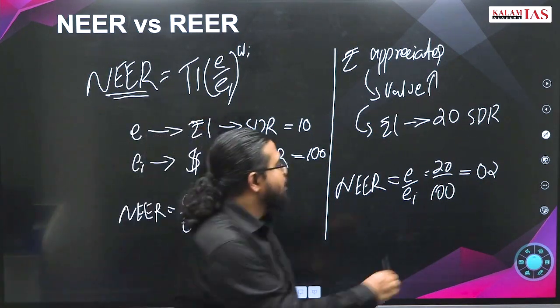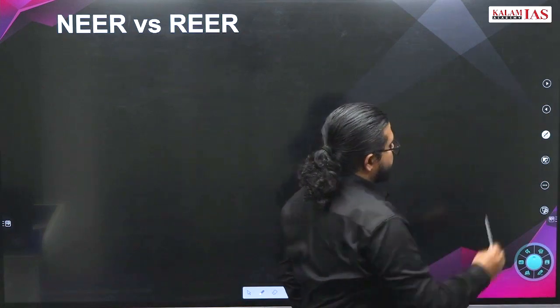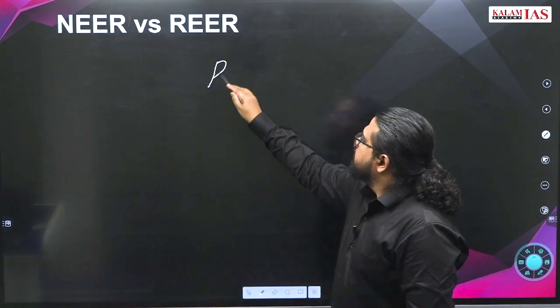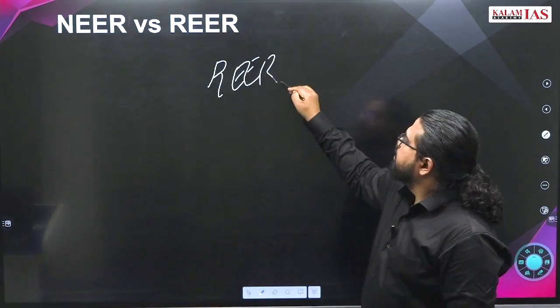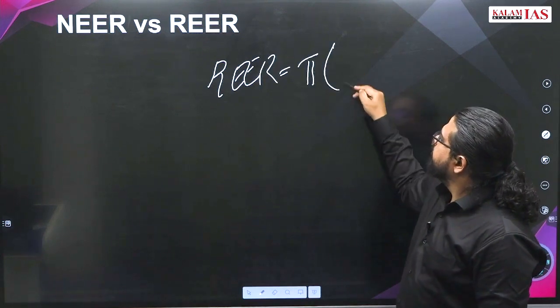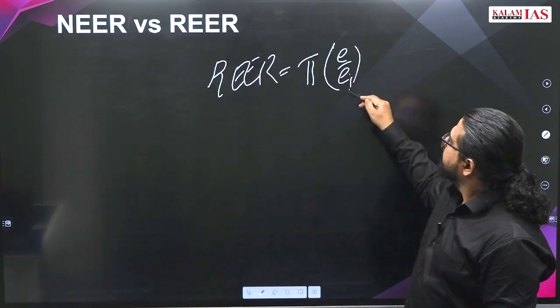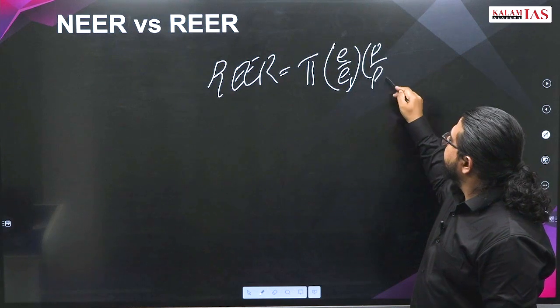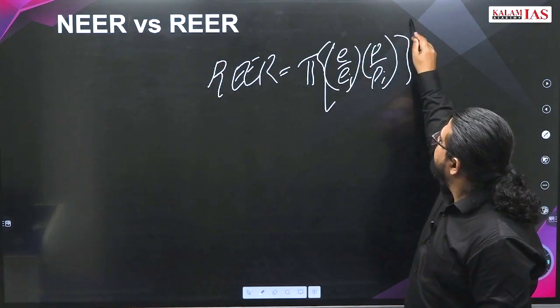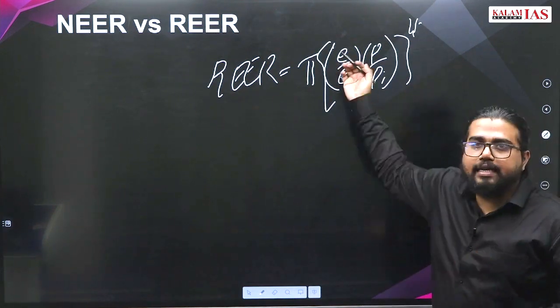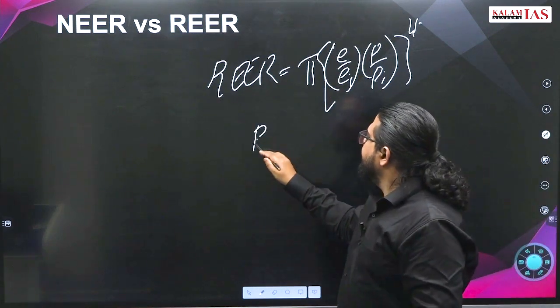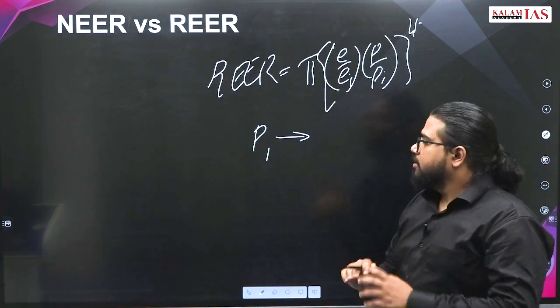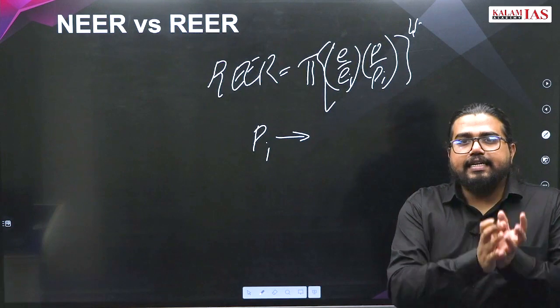Now let's understand what is REER. REER is nothing but the geometric mean of E by EI into P by PI, raised to WI. WI is the weightage, E by EI you already know. PI is the inflation index in the USA.